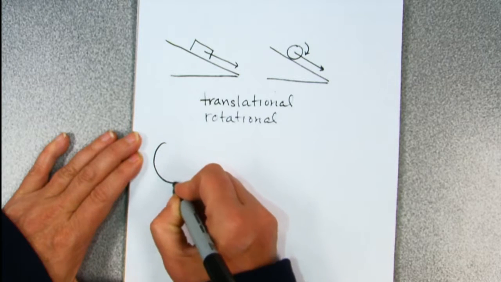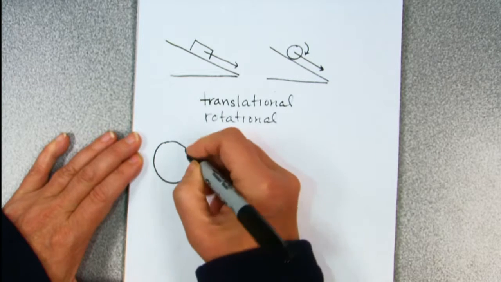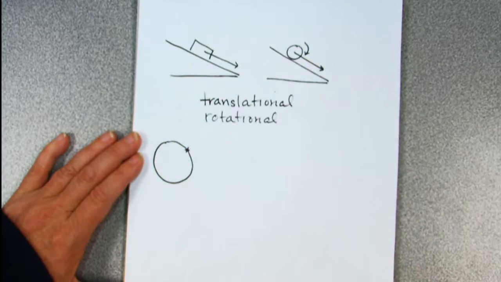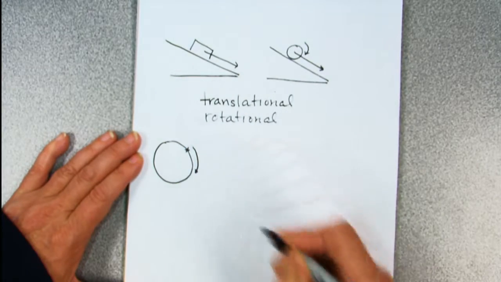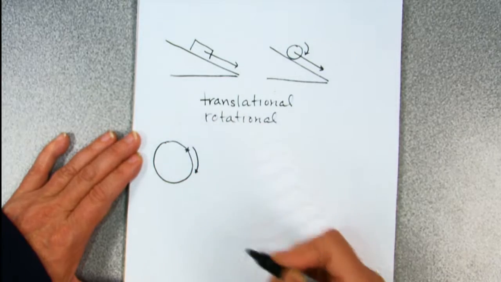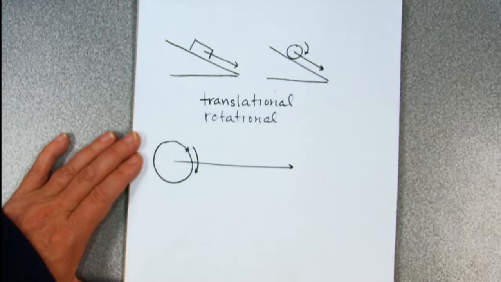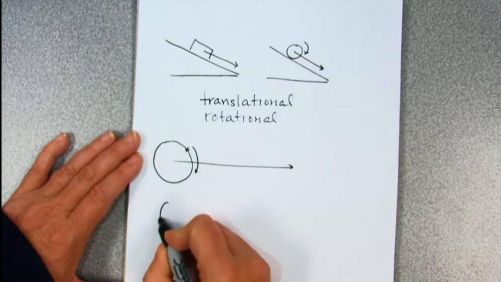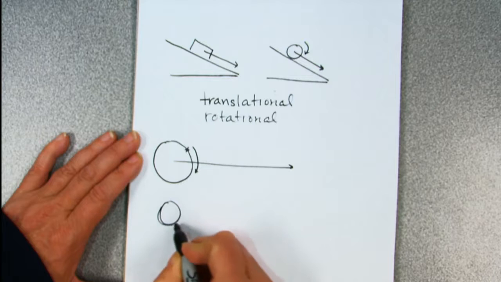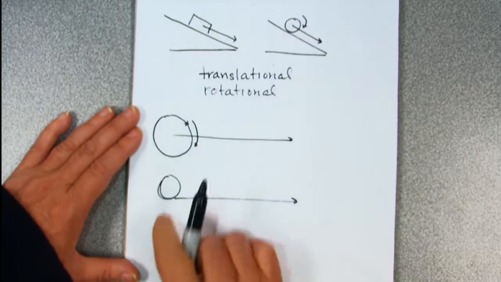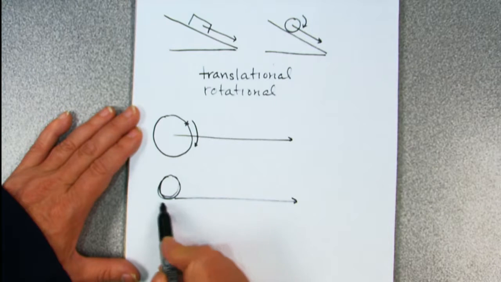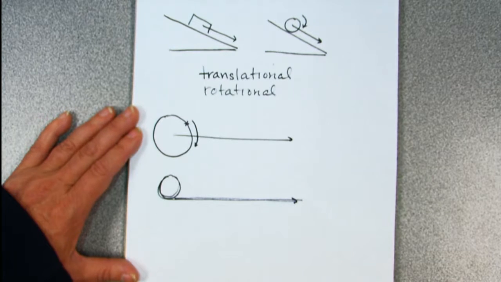I have a tire, and if I'm watching a position on my tire as it rotates, it's going to go around in a circle, but the tire can also be moving in that direction. And if I'm undoing a string on a spool and I pull the string out, the spool might stay in that spot, but we also have something that's moving in that direction. So we get translational and rotational motion.